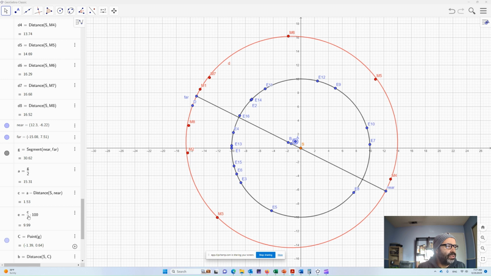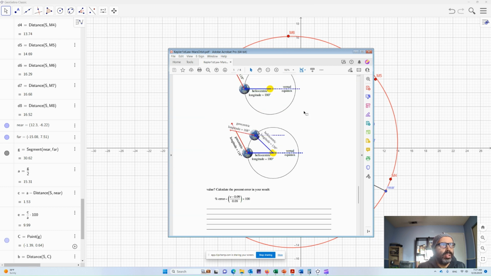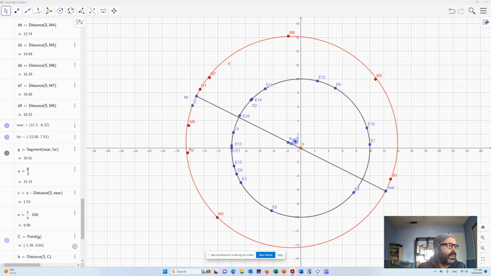Okay, take the ratio of the two, which is exactly what this formula is supposed to do in this case, to find the eccentricity. It's c over a, and multiply.